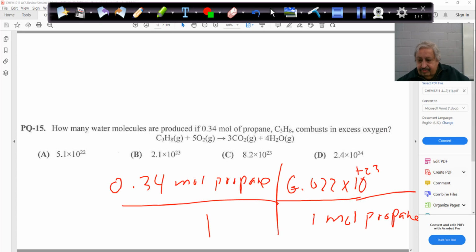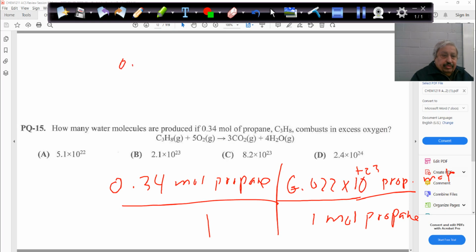Avogadro's number of propane molecules. Correct? 1 mole. So, how many water molecules are produced if 0.3 moles? Okay, so now, let's see here.